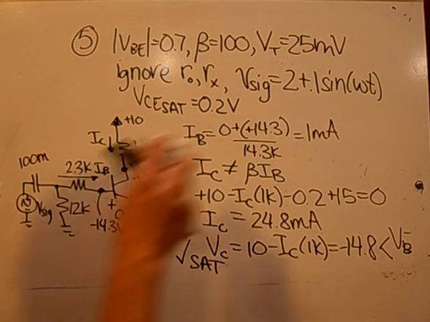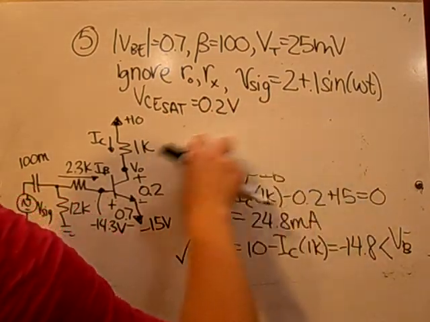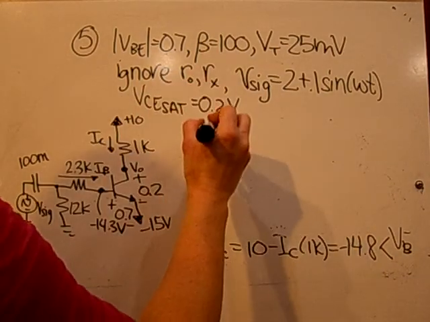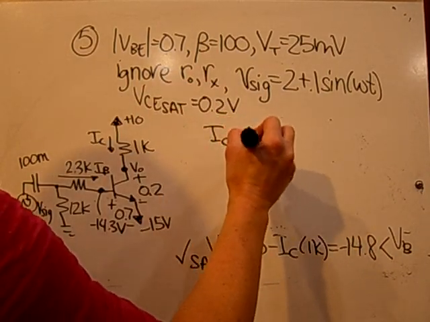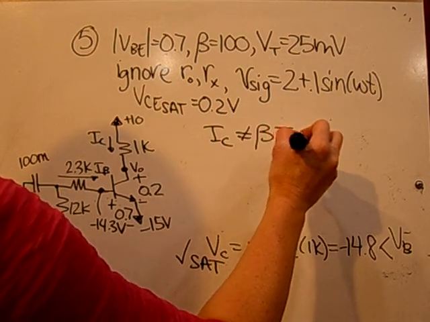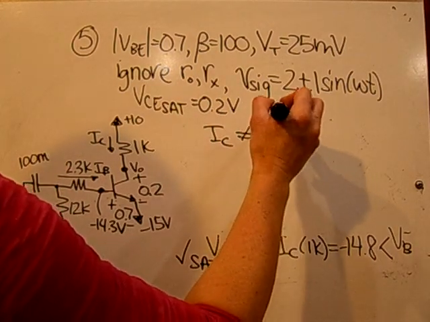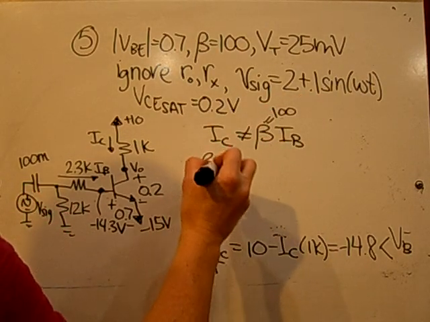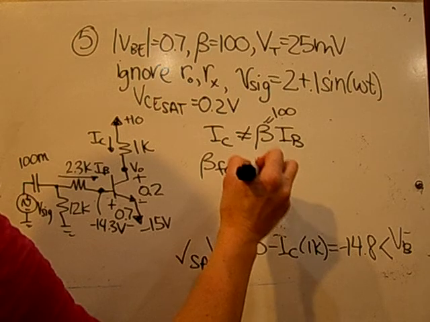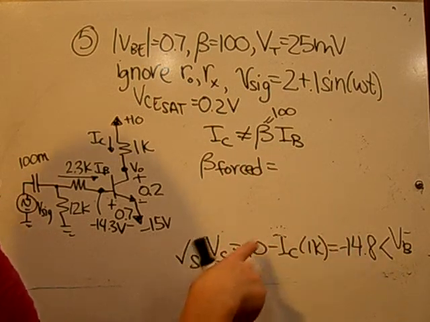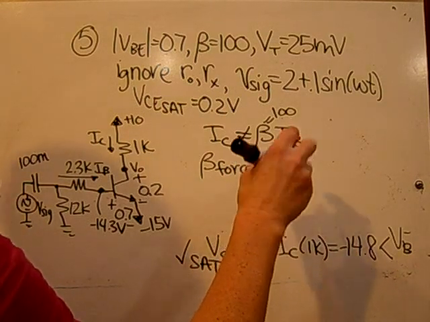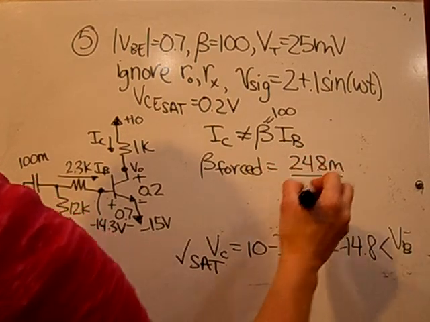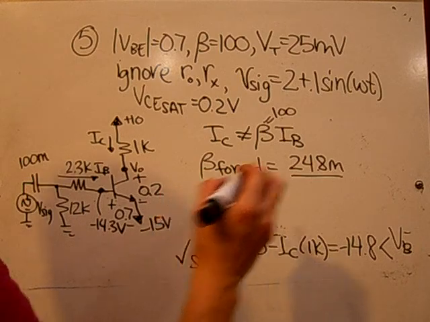And the thing that you want to check also in saturation is beta forced. Now because that relationship no longer holds of IC, where this beta is equal to 100, beta forced is going to be determined by the currents. So IC was 24.8 milli divided by IB, which is 1 milli.